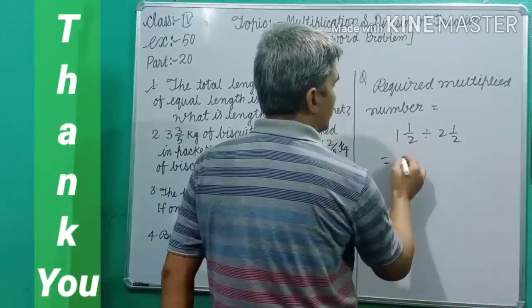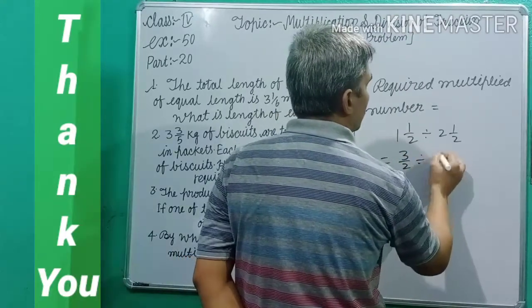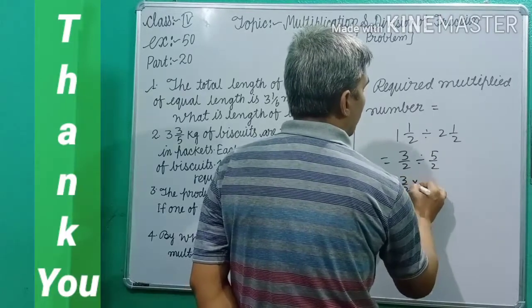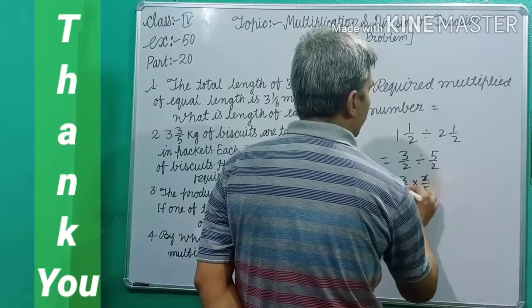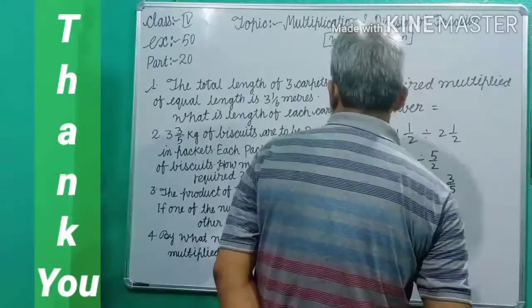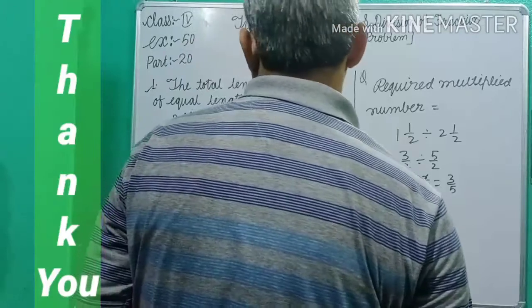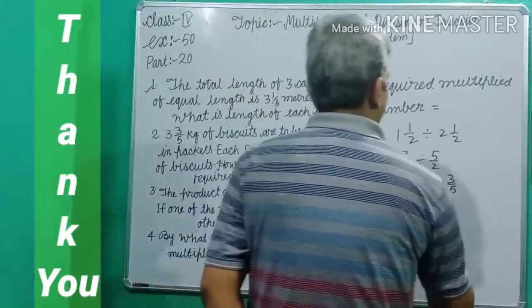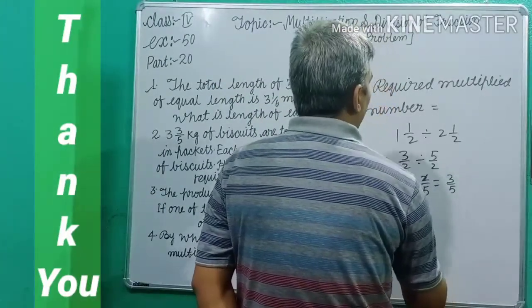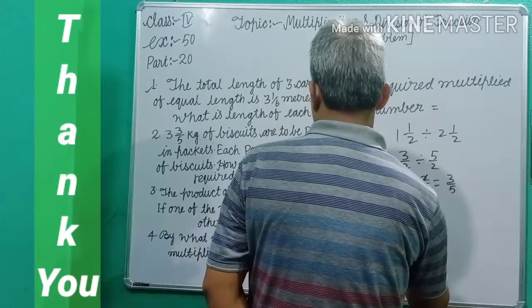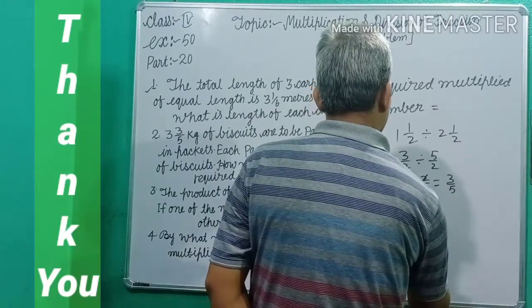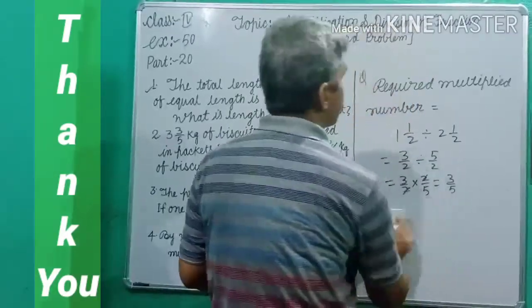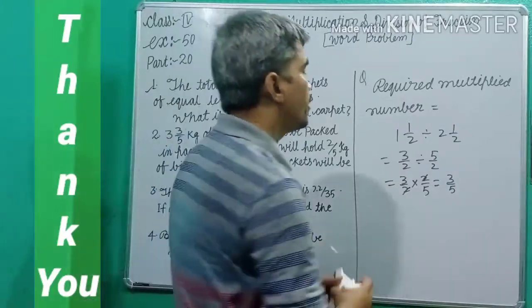That means 3 by 2 divided by 5 by 2. Here 3 by 2 multiplied by 2 by 5. That means 3 by 5. Hence required multiplied number is equal to 3 by 5.